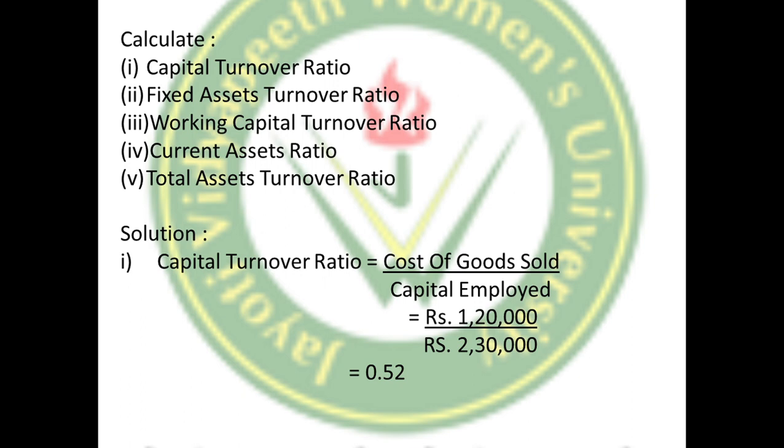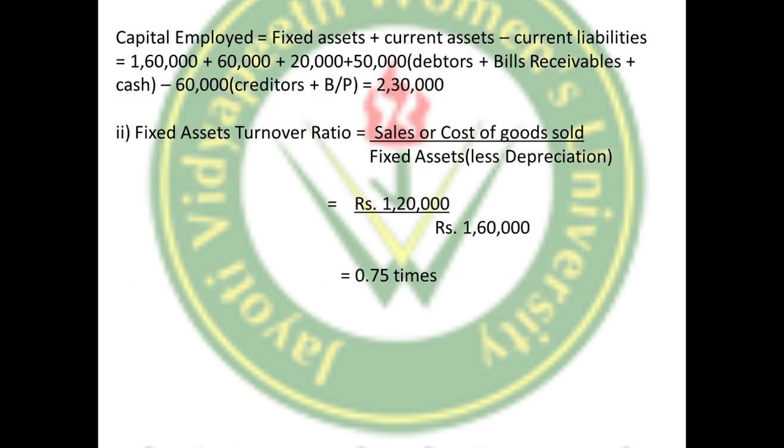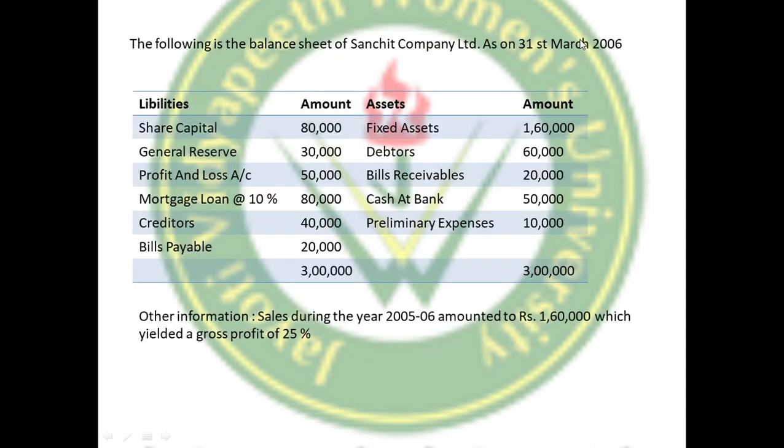Now let's calculate capital employed. Capital employed is basically fixed assets plus current assets minus current liabilities. Fixed assets is given here, it is 1,60,000. Now we just have to add current assets from the question.